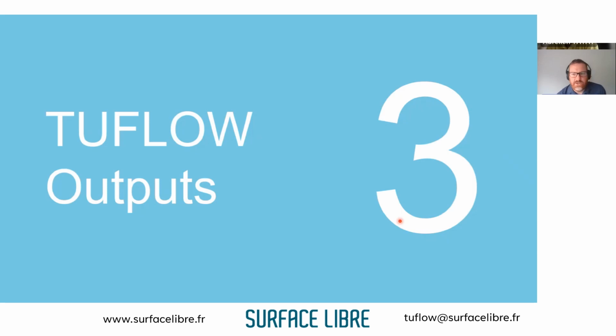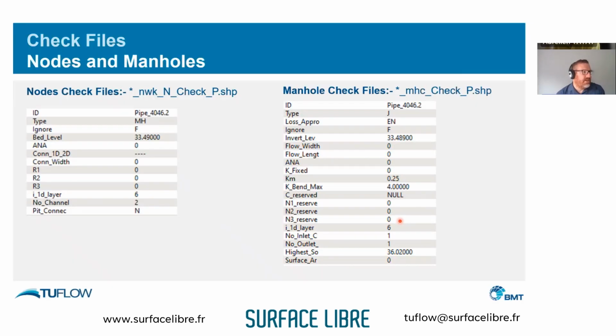I'll just very quickly talk about the outputs. So obviously you're adding in a number of different nodes and a series of different lines. Always use the check files. So there's the node check file. This will give you the various elevations associated with it. It will tell you that a manhole's been automatically generated.